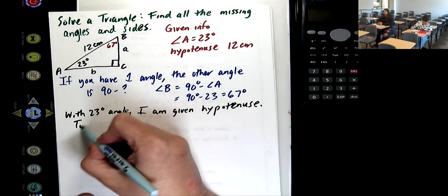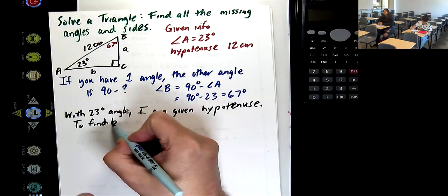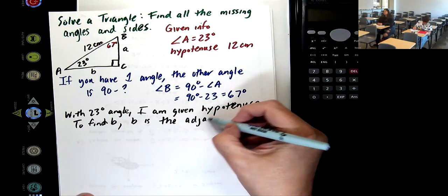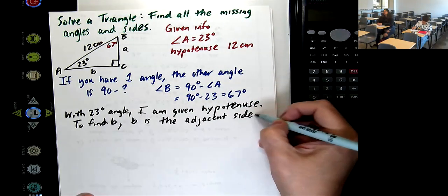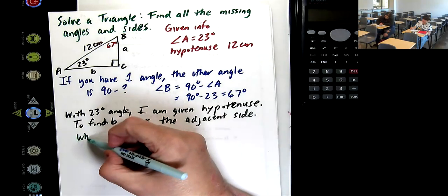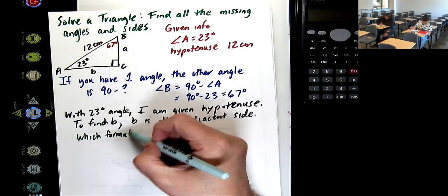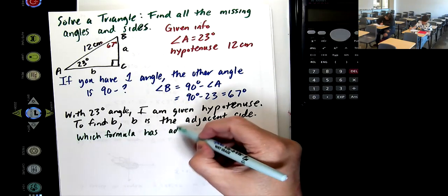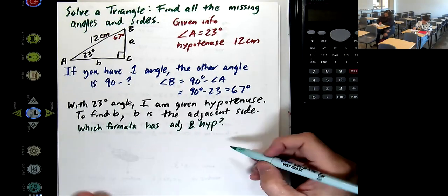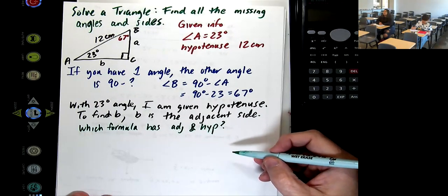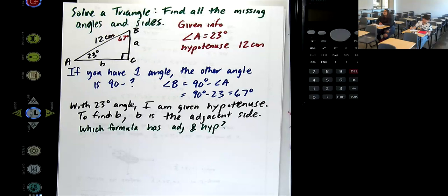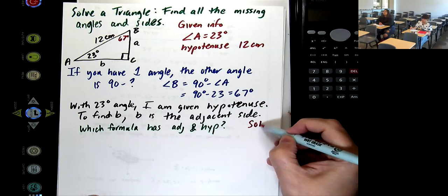And so to find B, that is the adjacent side, right? We're going to use that and ask, which formula has adjacent and hypotenuse? So we go, okay, I don't remember that. Let's take a look. We have SOHCAHTOA.